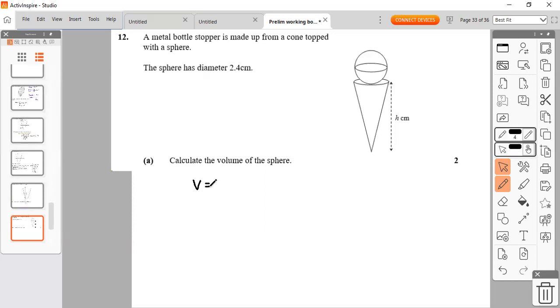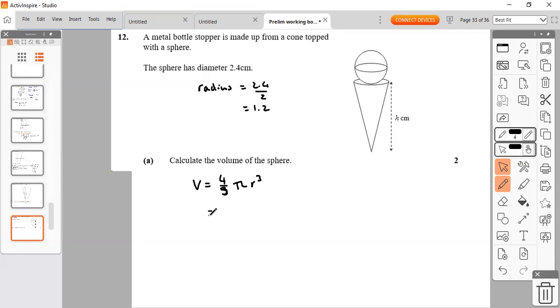Volume is 4/3 pi r cubed. We've got a diameter of 2.4, so the radius will equal 2.4 divided by 2, which equals 1.2.